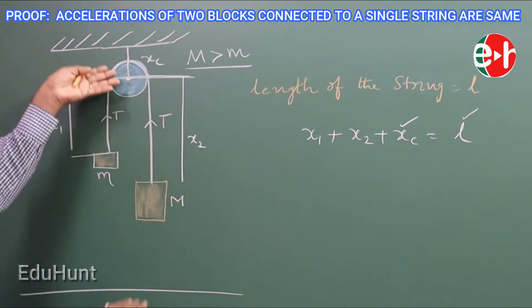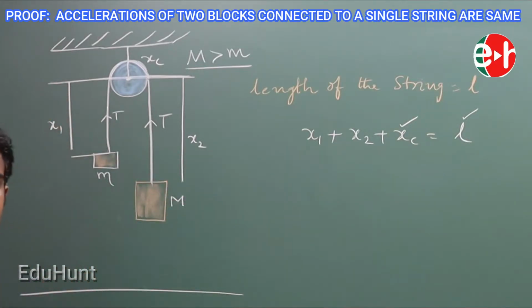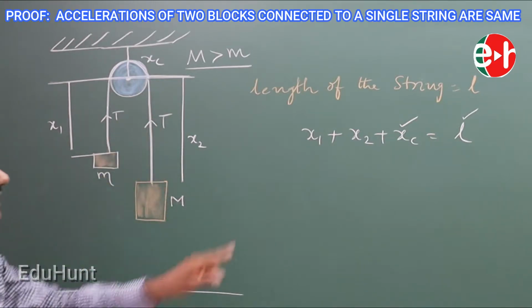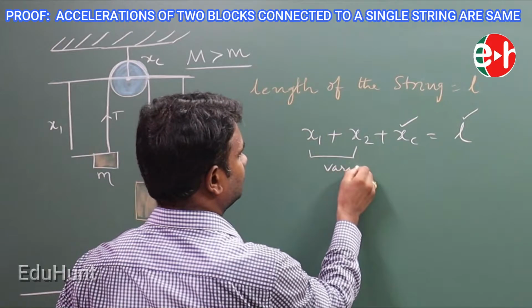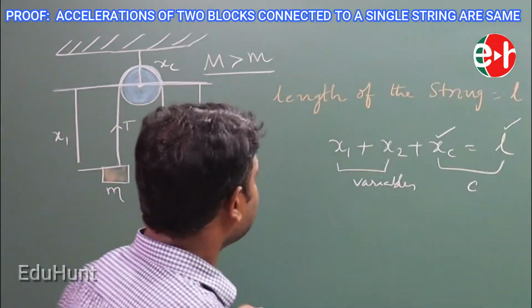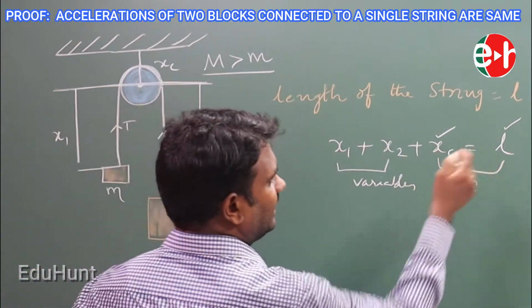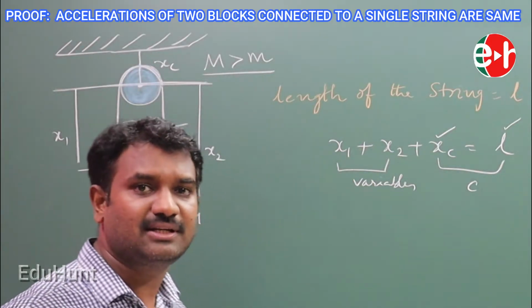If this is moving upwards, this x1 decreases and x2 increases, right? Or if it is moving like this, x1 increases and x2 decreases. So these two are variables. These two are constants. Means xc and L are not changing with respect to time. x1 and x2 are changing with respect to time.